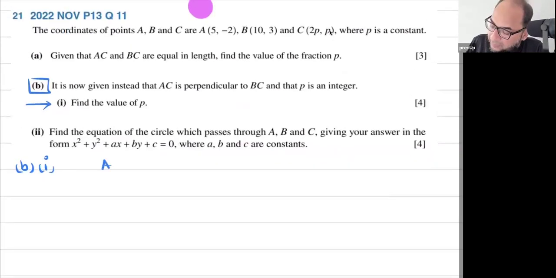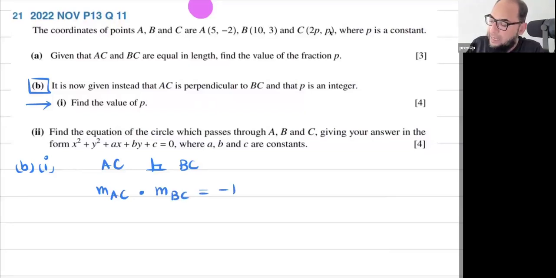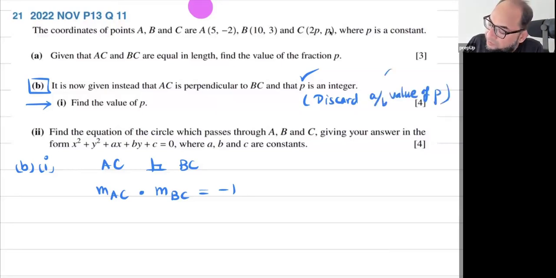That means gradient of AC times gradient of BC should multiply to give us negative 1. And p is an integer, that means discard the fractional value of p. Find the value of p. This is for 4 marks.